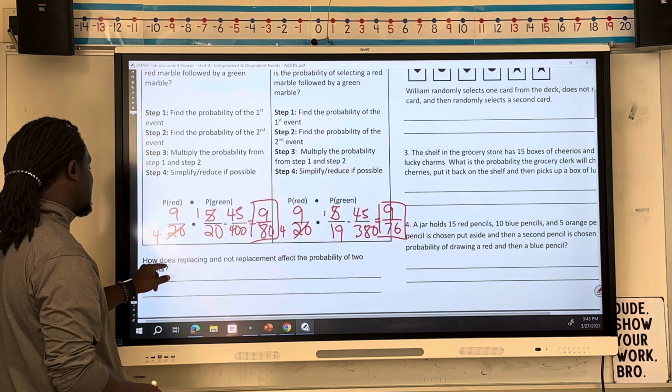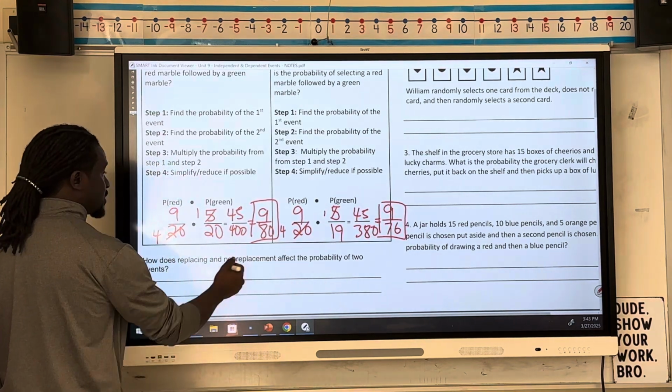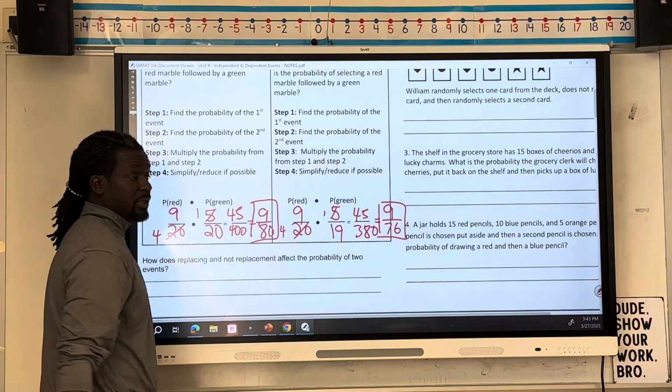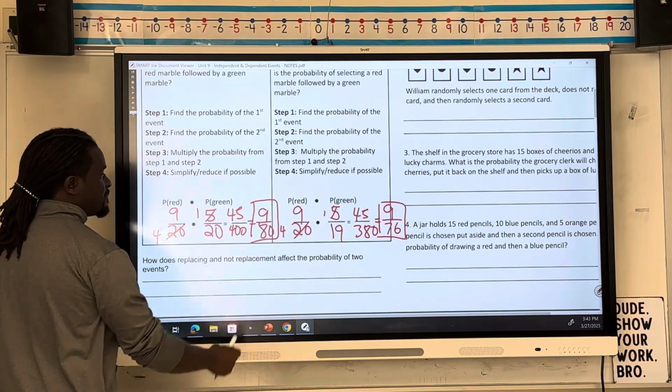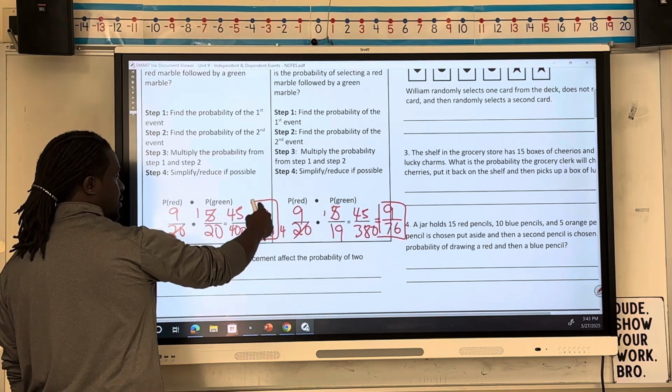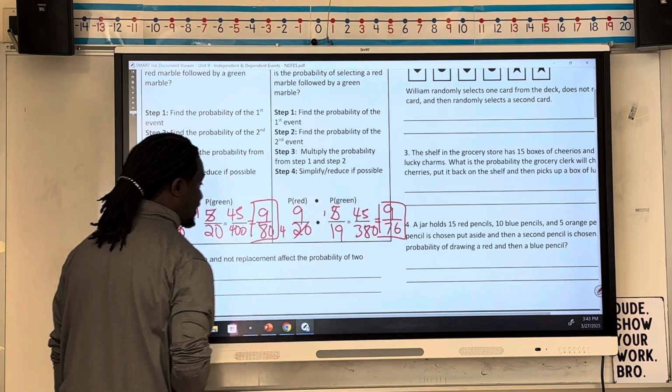Before we do this, how does replacing and not replacing affect the probability of two events? Again, if you put this in your Desmos calculator, figure this out as a decimal, or maybe you could just tell this is less than 9 over 76, okay?